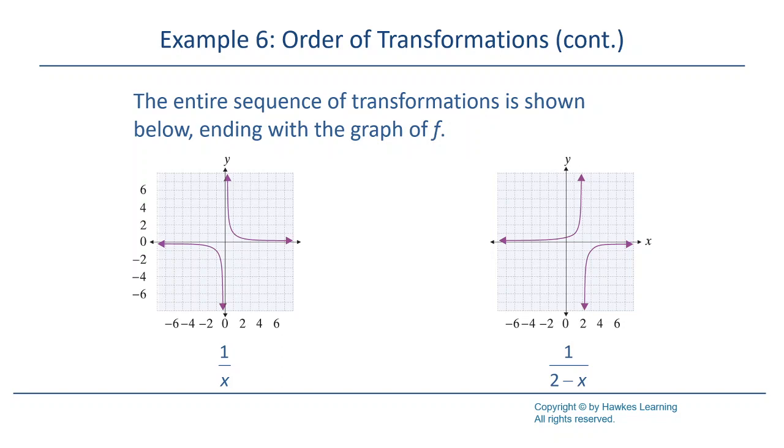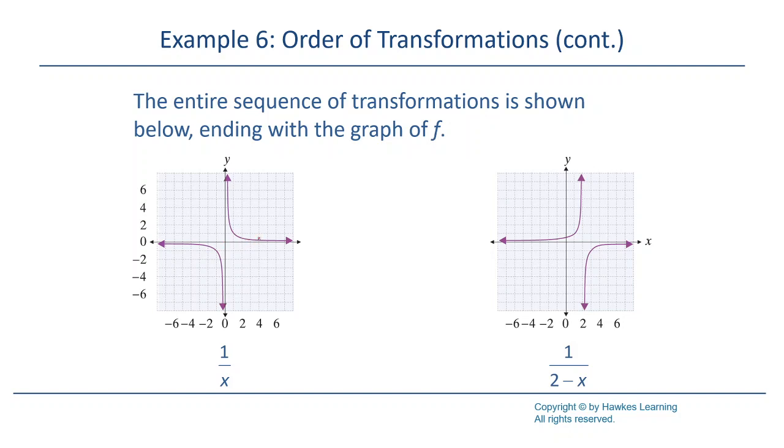And so looking at the final version, we have the original 1 over x, and then we have it shifted over to the right 2, and then reflected. Notice originally, we haven't talked about asymptotes yet, so you would shift everything over 2.